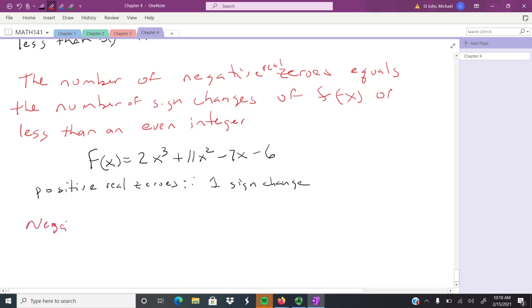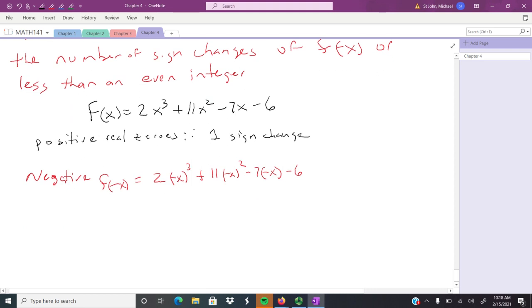Well, to do the negative, we need to figure out f of negative x. So this is going to be 2 times negative x cubed plus 11 times negative x squared minus 7 times negative x minus 6. What is this going to give us?